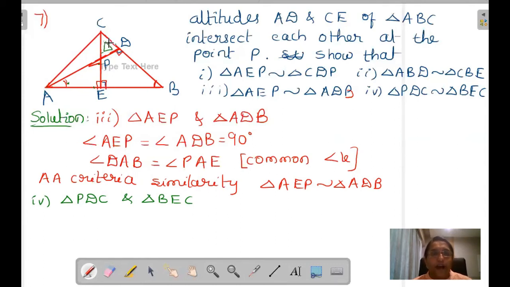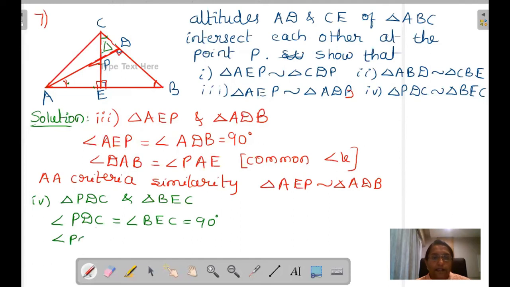Can you tell me, in PDC there is 90 degrees and in BEC another 90 degrees. So I'll write that angle PDC is equal to angle BEC is equal to 90 degrees. Let us check: in PDC this angle, in BEC again this angle.